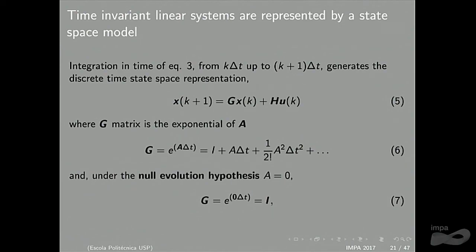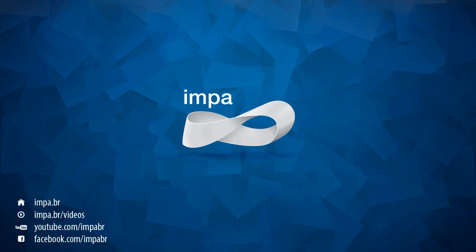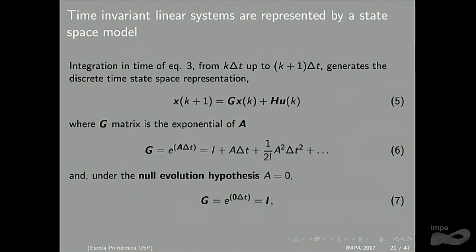Since we work in the discrete time field, we need to integrate that equation 3, and we get equation 5. And during this integration procedure, there is a relationship between the evolution matrix A and G, like in equation 6.